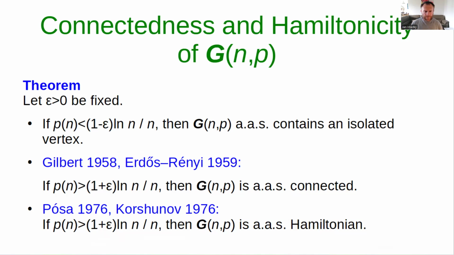So if p is smaller than log n over n, the Erdős-Rényi random graph asymptotically almost surely contains an isolated vertex.